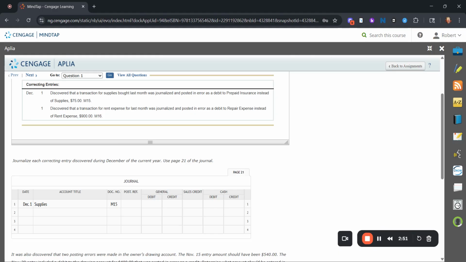It says it was posted in error as a debit to prepaid insurance instead of supplies, so it needs to be posted as a debit to supplies. We'll put that in here, $75.